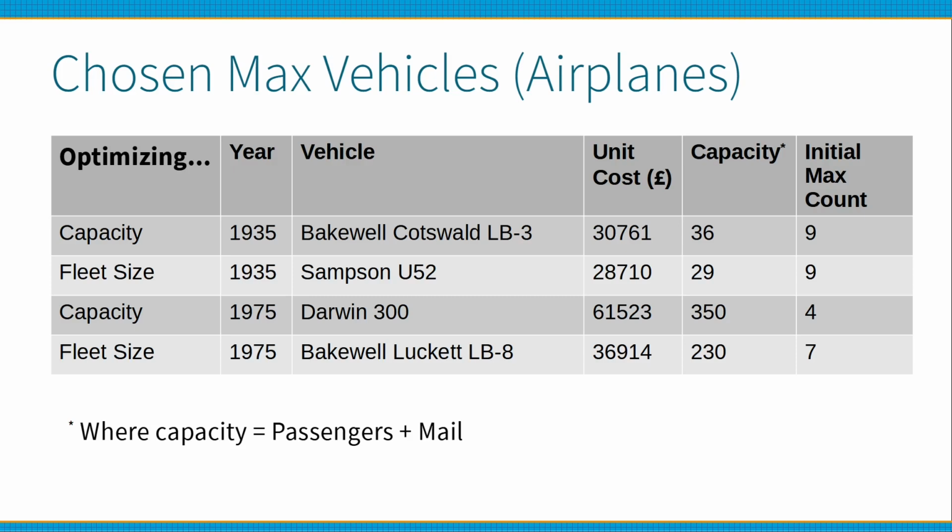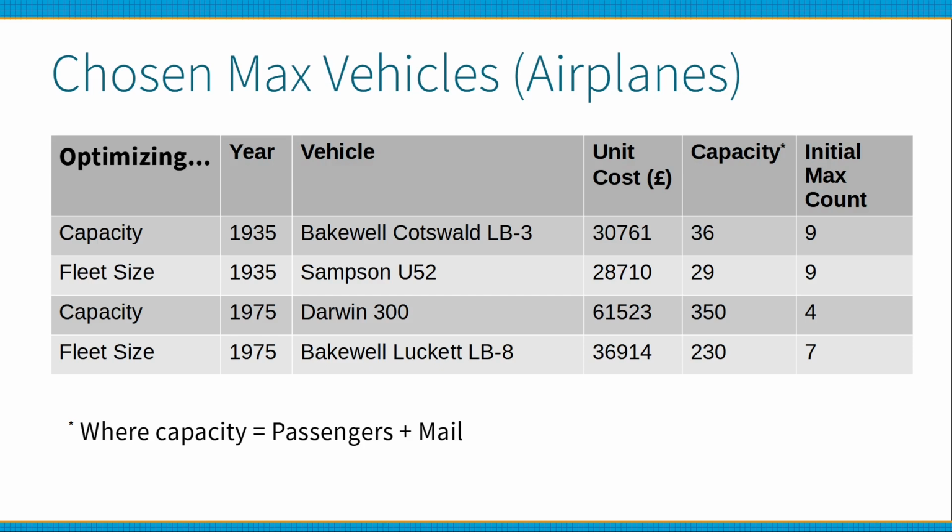So, if we take a look at our airplanes, our chosen exemplars are the Bakewell Cotswold LB3 for capacity. This is actually the largest plane you can get in 1935. It has a unit cost of about 30 grand.